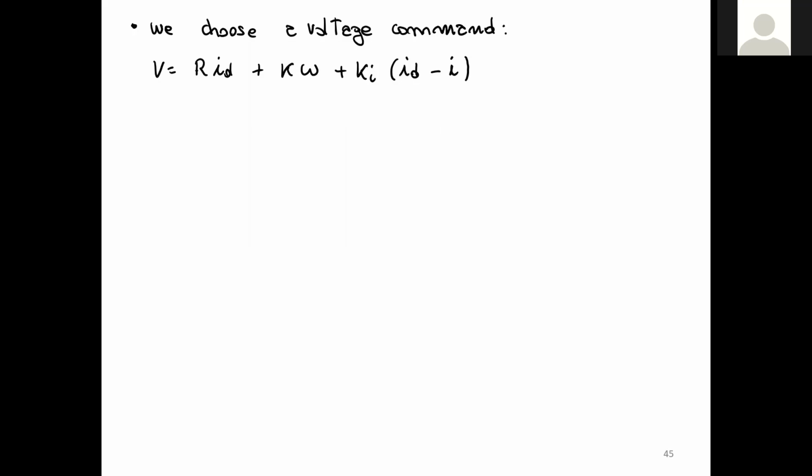The voltage has this shape, so we have some term dependent on velocity and on the tracking error of the current. Ki here, don't confuse with what we see now with the proportional integral gain, because this is just a current proportional gain. In the next lecture we'll define this Ki differently.